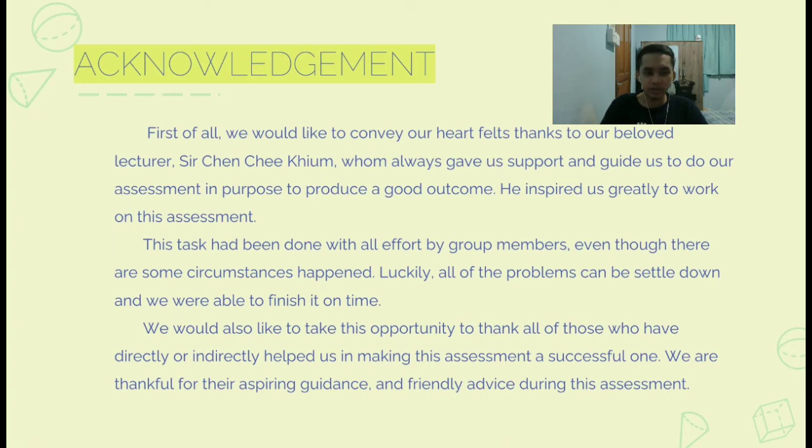Luckily, all of the problems could be solved, and we were able to finish it on time. We would also like to take this opportunity to thank all of those who have directly or indirectly helped us in making this assessment a successful one. We are thankful for their inspiring guidance and friendly advice during this assessment.